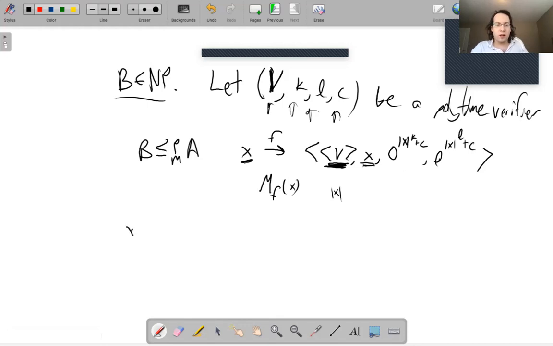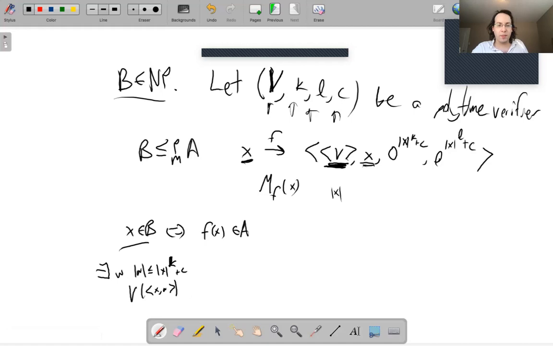And then we claim that if X is in B, then f of X is in A, and vice versa. So we need to show this. First, suppose X is in B. That means that there exists W such that the size of W is at most X to the K plus C, and V of X, W accepts within X to the L plus C steps.